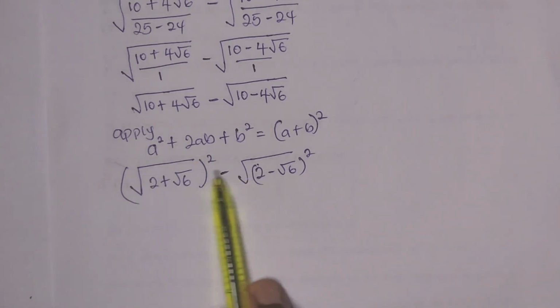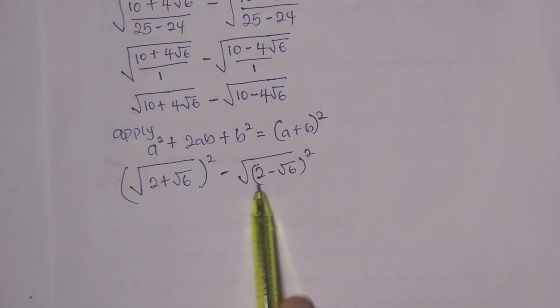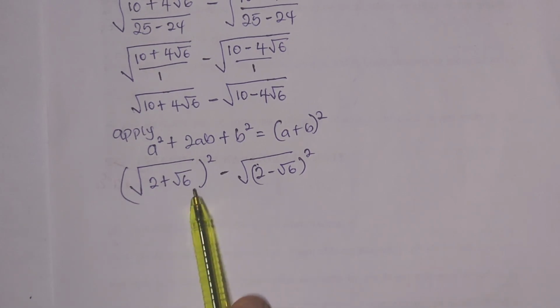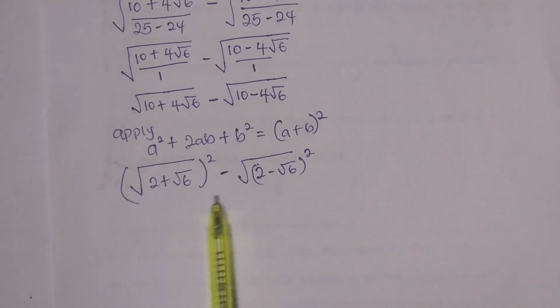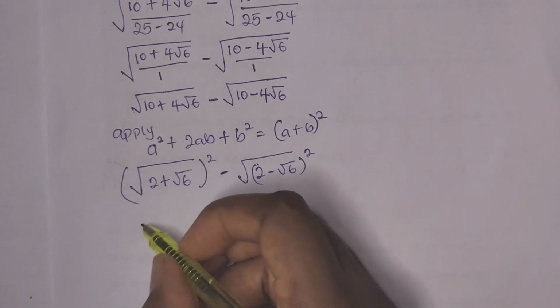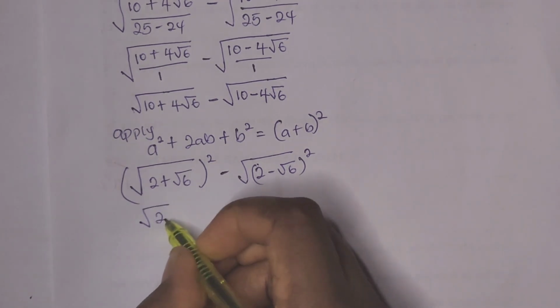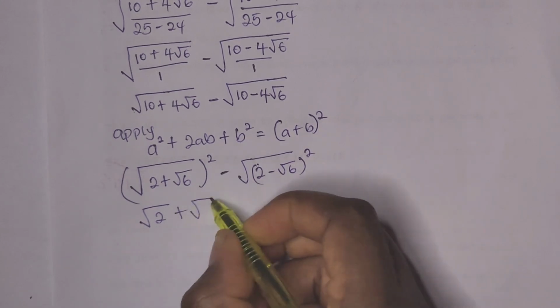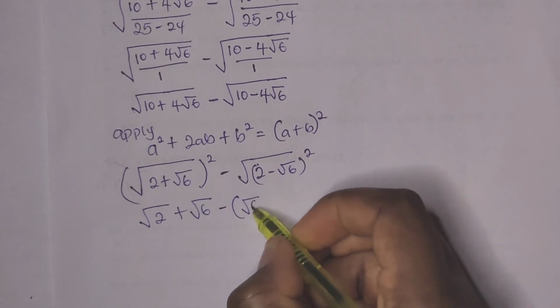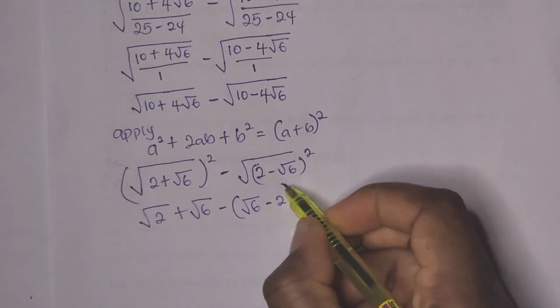So when we reduce the index of this radical and the exponent 2, this will become root 2 plus root 6 minus root 6 minus 2.